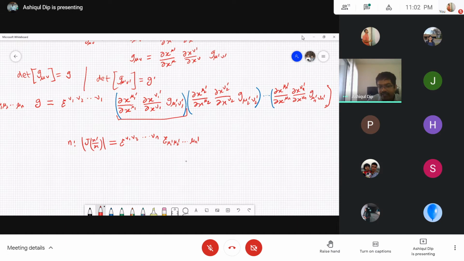Then we have delta x mu1 prime by delta x nu1, delta x mu2 prime by delta x nu2, up to delta x mu n prime by delta x nu n. This is what we derived earlier. So as you can see, we already have this E over here. Do we have these things?